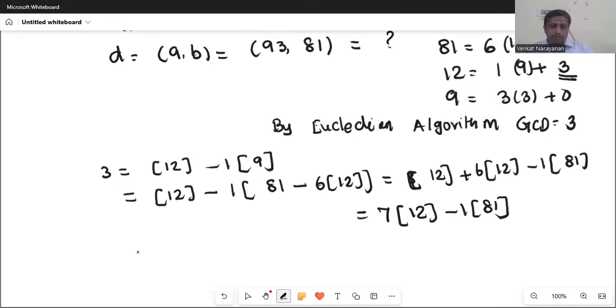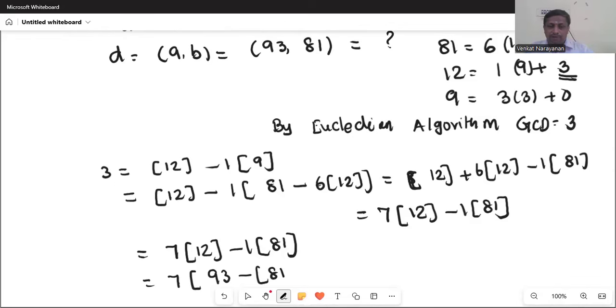Okay. So the next step is 7 times 12 minus 1 times 81. We write this as a linear combination of 93 and 81. So 12 is 93 minus 81, giving 7 times (93 minus 81) minus 1 times 81.